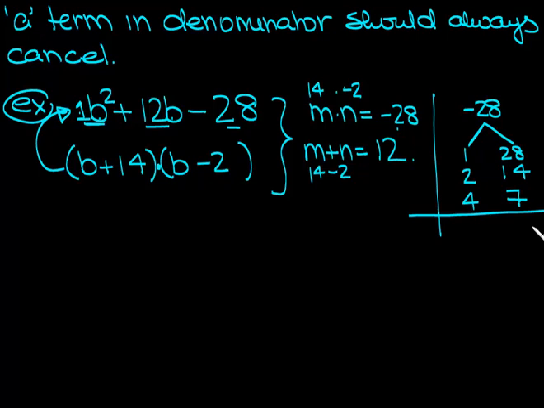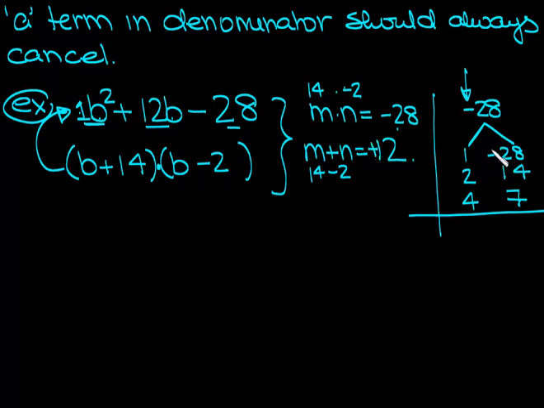Okay. Now, this number is negative. So ask yourself, the only way you're going to get a negative product is if one of the numbers that you're multiplying is negative. So since the answer is negative, the only way that's going to happen is if one of these is negative. So you have to decide which one it's going to be. Well, that depends upon the middle term, because eventually you want to add them to get a positive number, right?